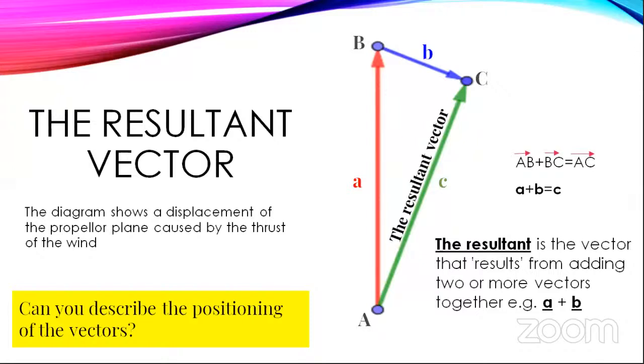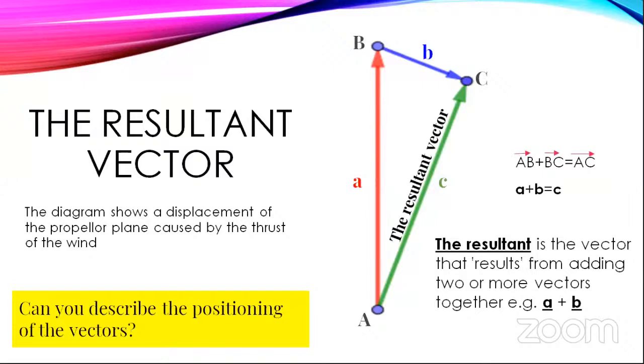So, students, what we wanted to take away here as we talk about the resultant vector is that it is a vector resulting from adding two or more vectors together. For example, notice how here we have A with the accent below plus B with the accent below, because sometimes, while I have it here on the PowerPoint you can see that it's bold, sometimes you'll see the accent below the letters so that you know that you're representing a vector.